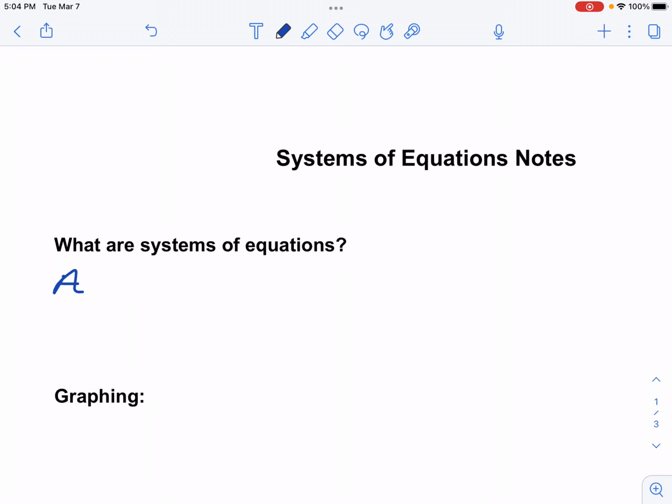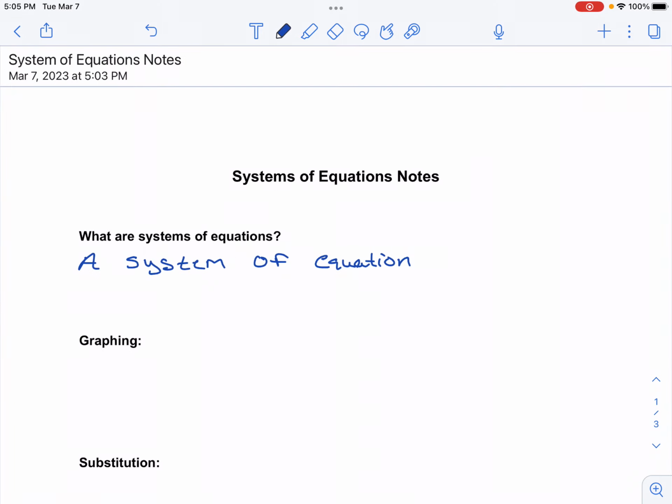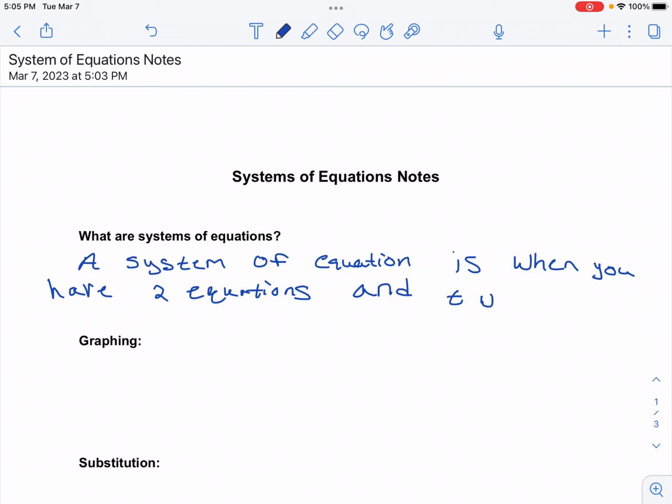A system of equations is when you have two equations and two variables.